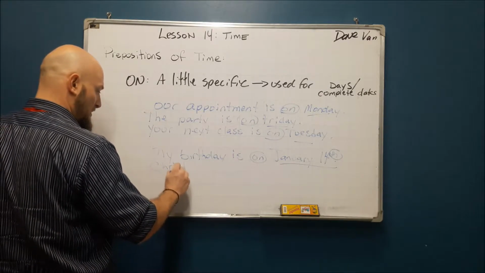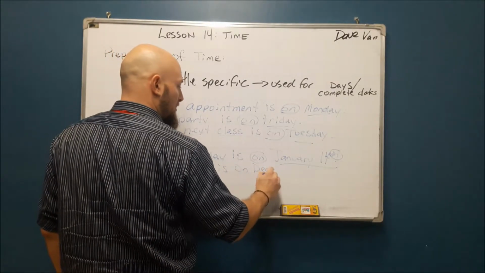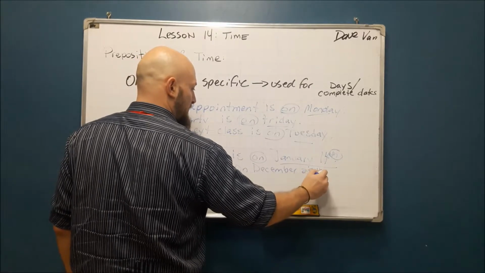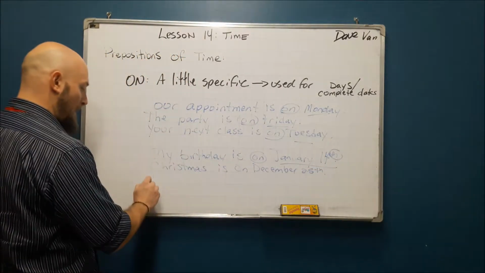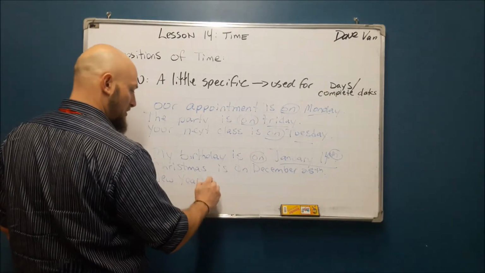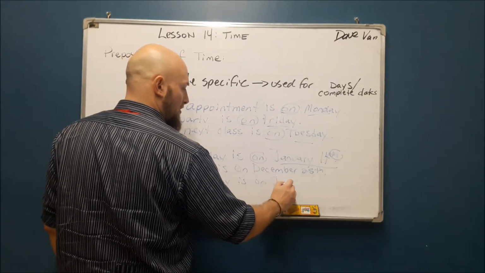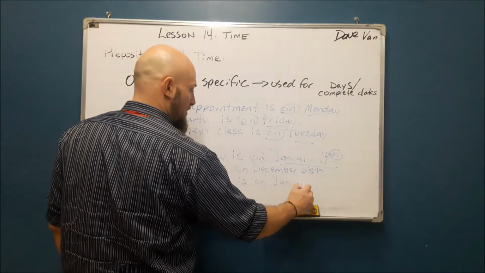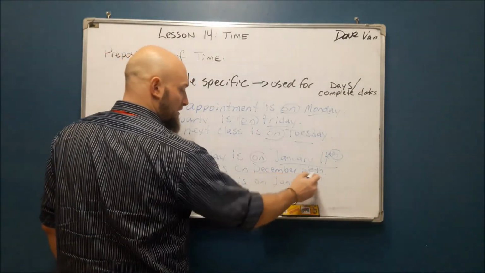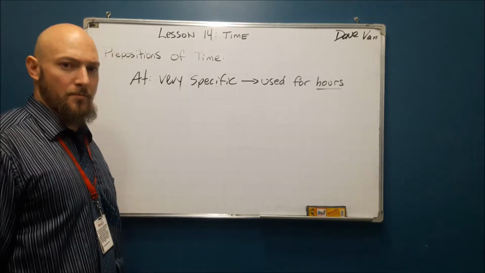Christmas is on December 25th. Okay. New Year's Day is on January 1st. Again, for complete dates, we use preposition on.